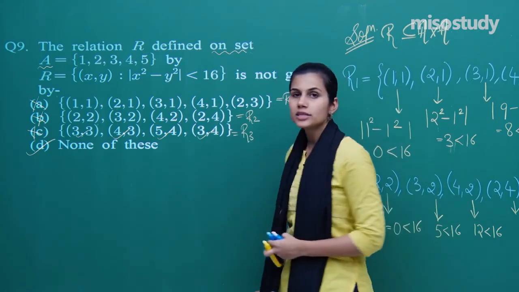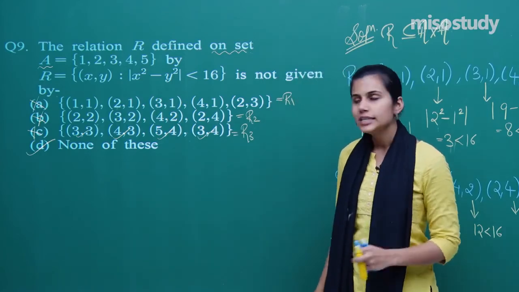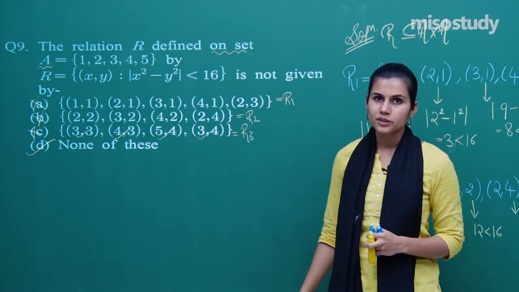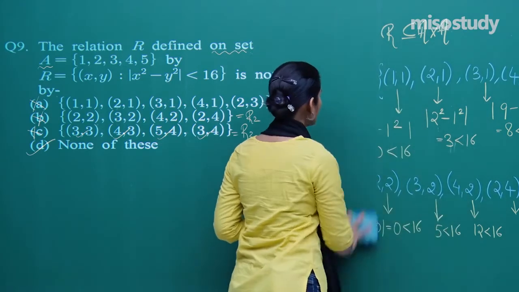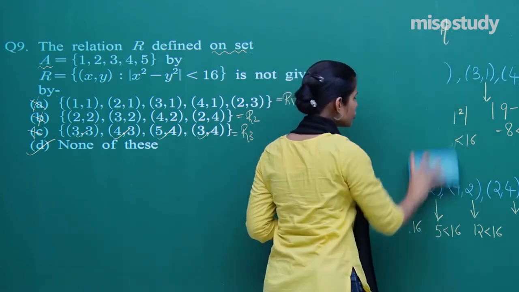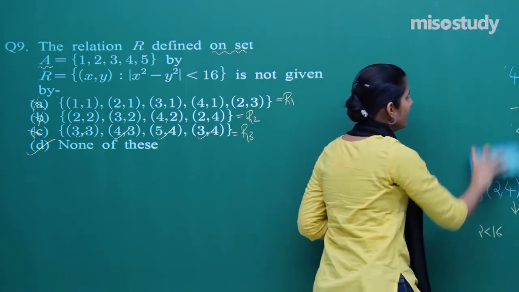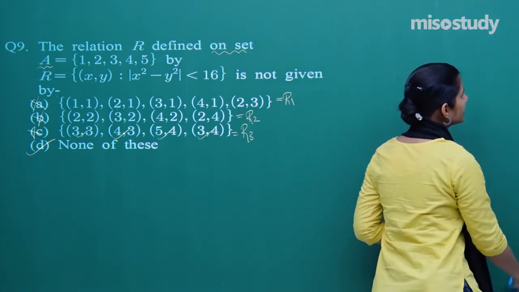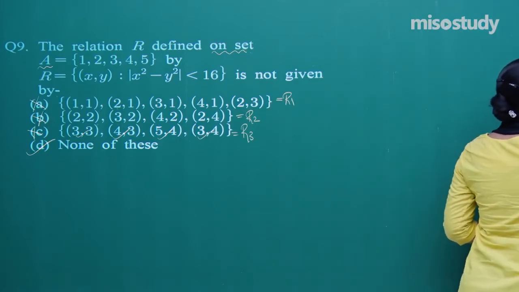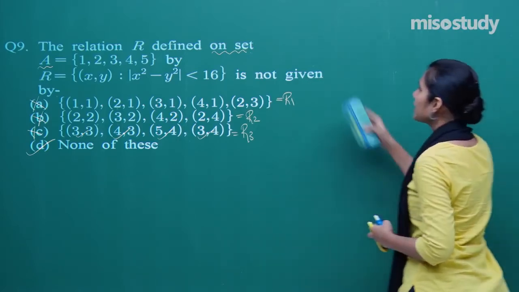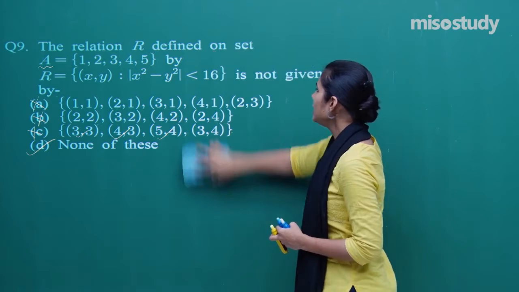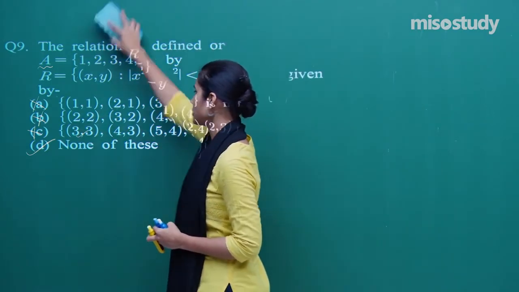But because all relations are given by this rule, none of these is the correct answer. We just used our concept of relations, understood what the rule was trying to say, applied it and got the answer. Let's see what is coming up in the very last question of this section.